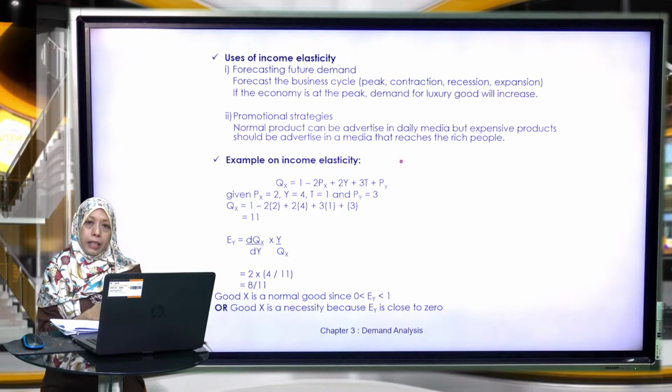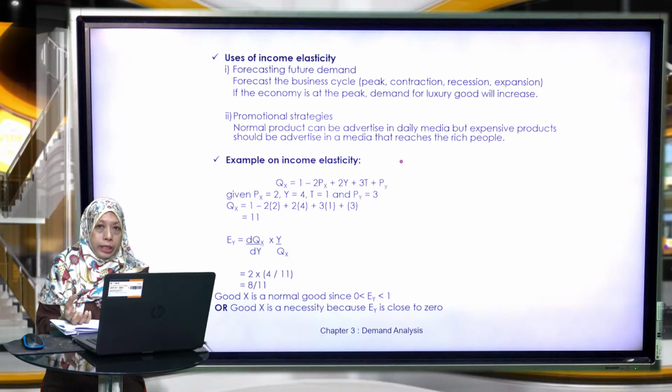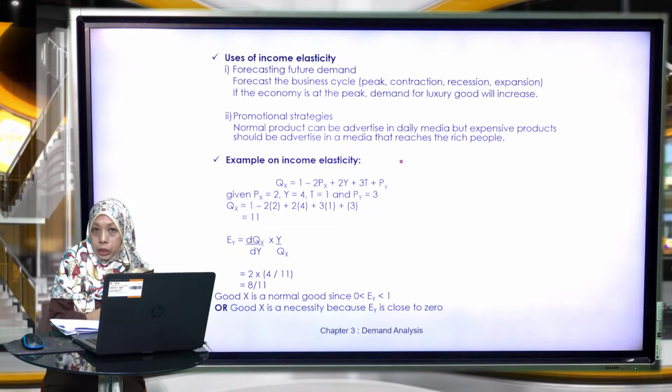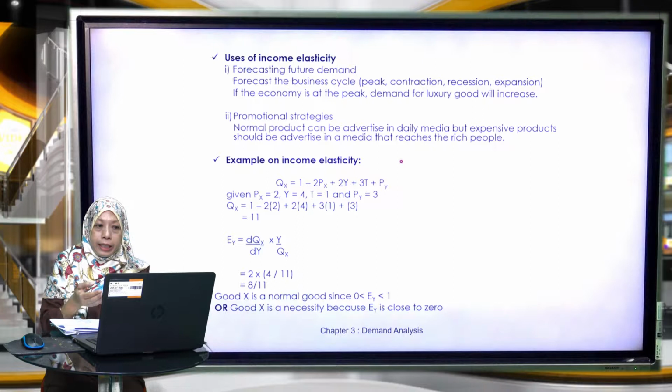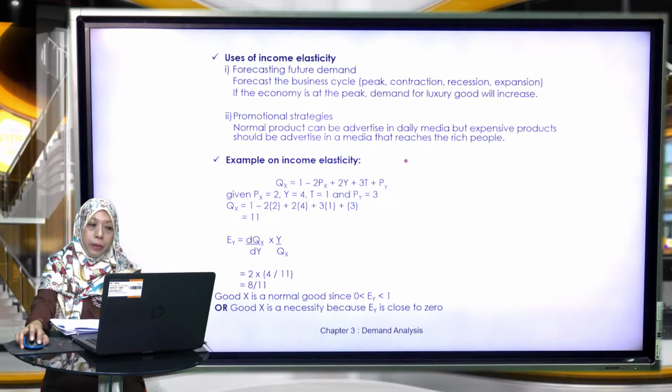But if your product has been proven to be a luxury product, then you would like to spend a lot in terms of promotional strategies. When you want to determine the type of medium to advertise your product, maybe you would like to advertise it in, for example, a magazine that can attract the middle income group or the higher income group. So by identifying the type of product, you'll be able to determine the appropriate promotional strategies.